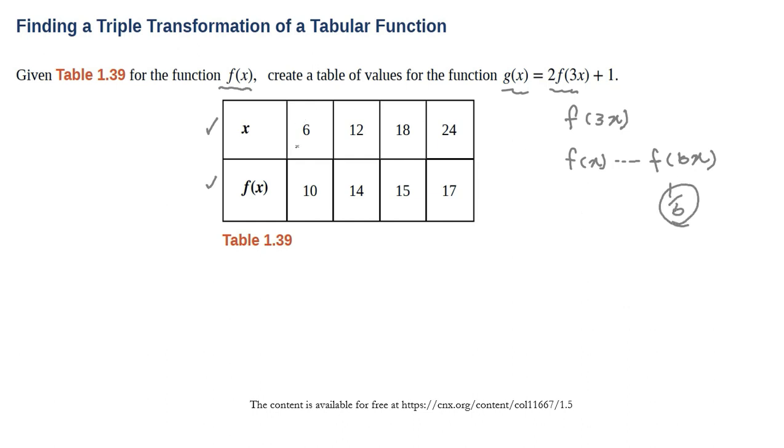That means we just need to multiply inputs by 1 over b without changing outputs. So here b is 3, 1 over b is 1 over 3, so I just need to multiply these numbers by 1 over 3.